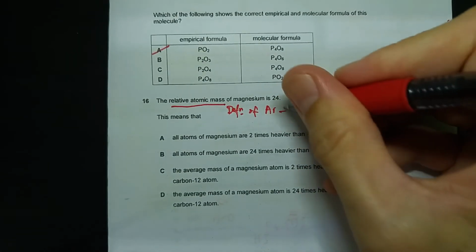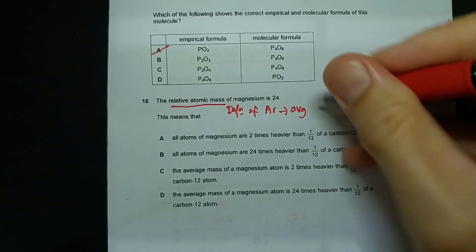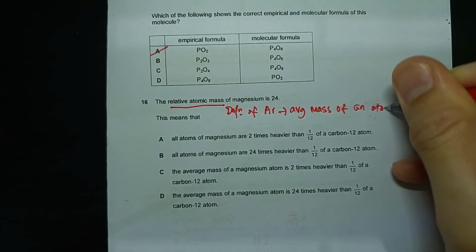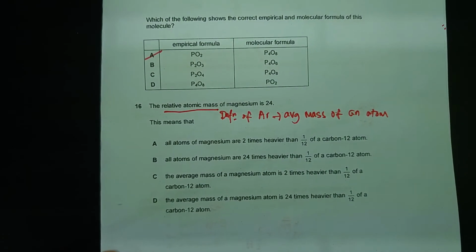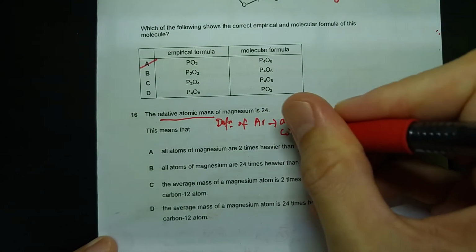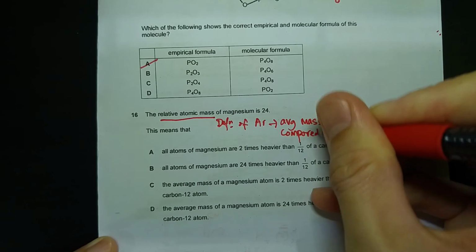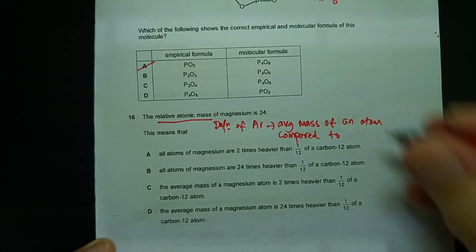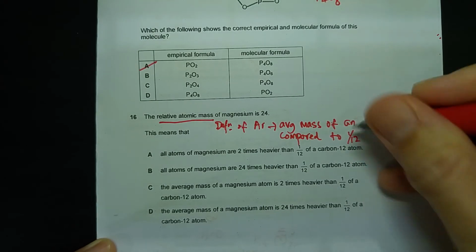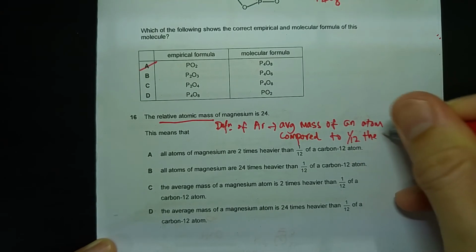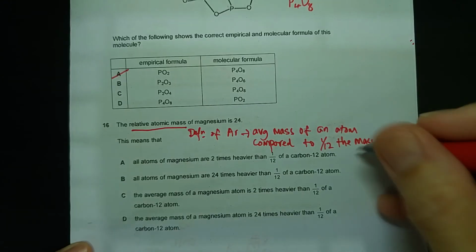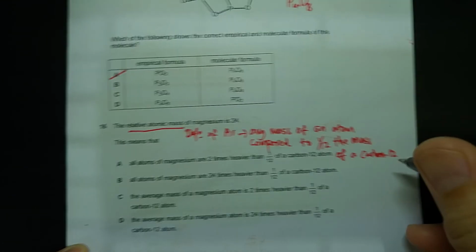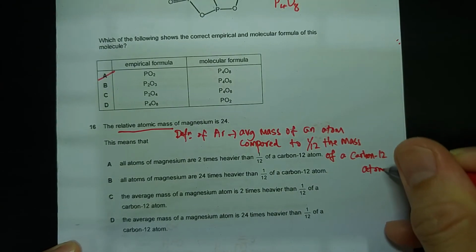It is basically the average mass of an atom compared to 1/12 the mass of a carbon 12 atom.